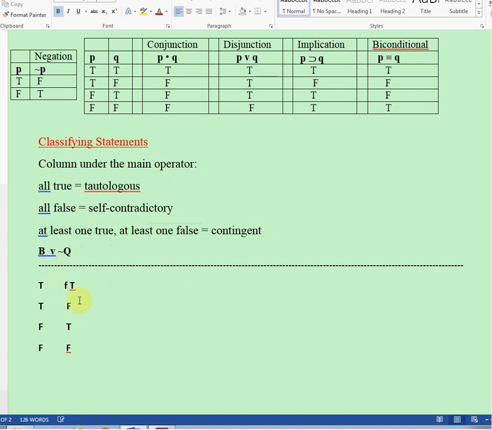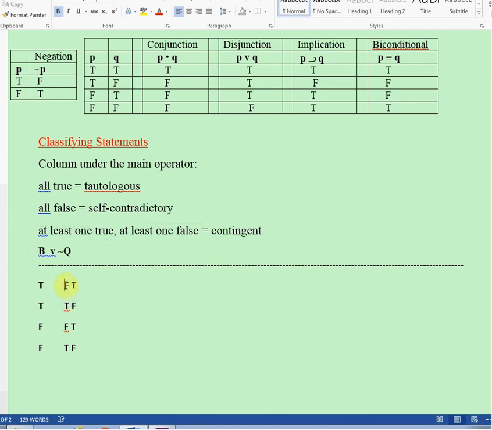That would be F in the first line, F in the second line, T in the third line, F again in the fourth line. Notice that all I've done is the opposite, because that's what negation requires.